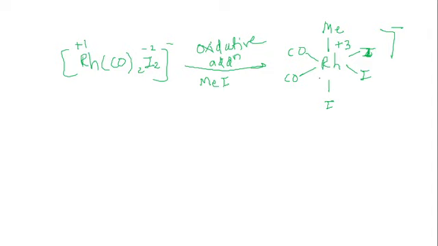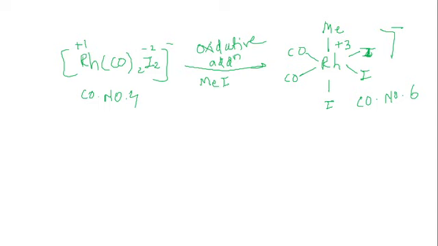And second, this is a square planar compound, and it gets converted to an octahedral compound. Their coordination number is also increased by 2. Here the coordination number is 4, and in this case the coordination number is 6.